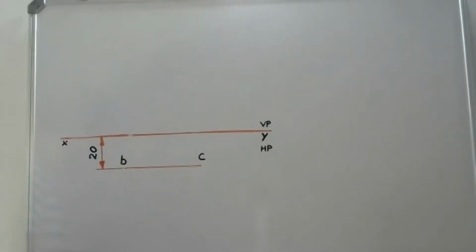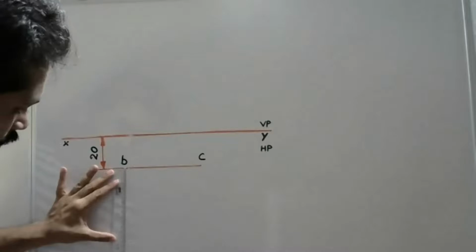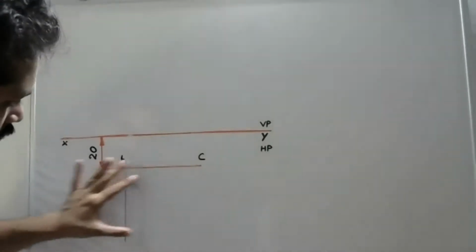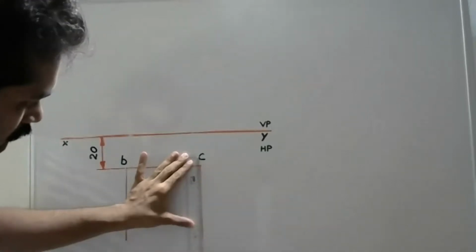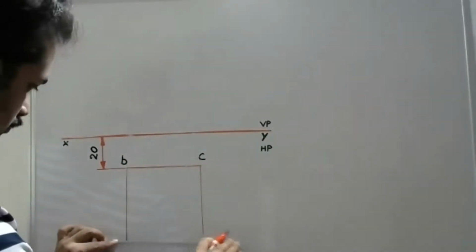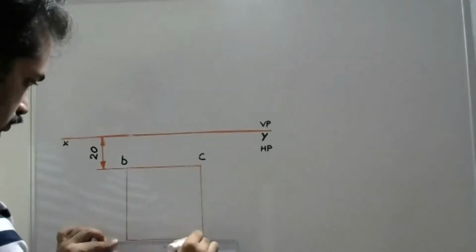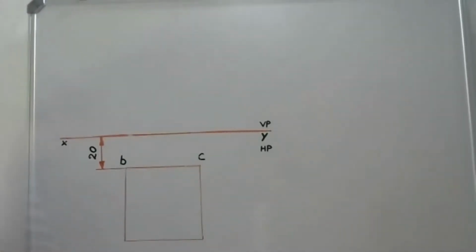Then you can create the complete solid. That means you can see the square base. So this is my square base visible in the top view.